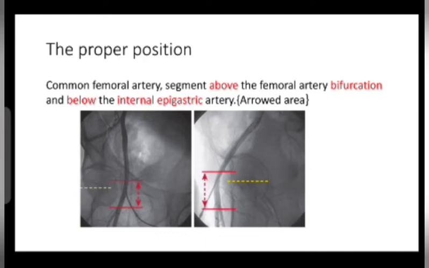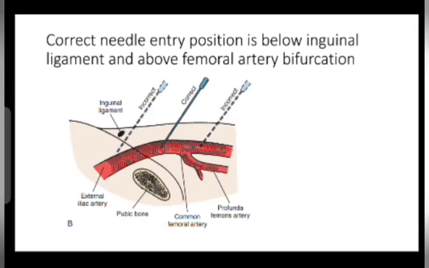The arrowed area: upper red line indicates the lower border of inferior epigastric artery and lower red line indicates the bifurcation of common femoral artery. The yellow dotted line is showing the femoral head. Correct needle entry position is below inguinal ligament and above femoral artery bifurcation.